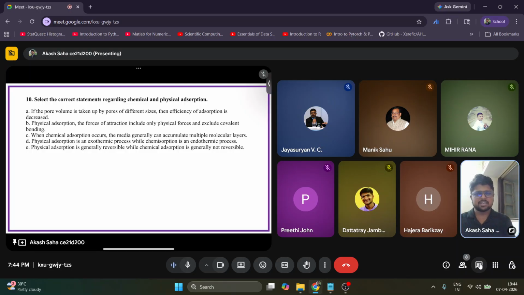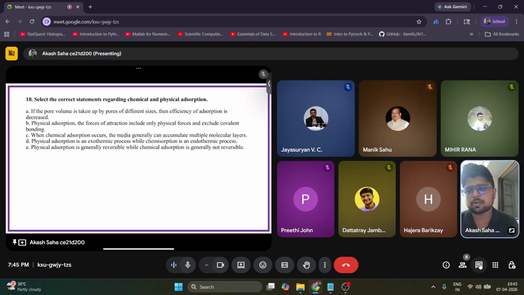Then option B is definitely correct, because it includes only physical forces for physical adsorption and covalent for the others. If chemical adsorption is taken, then a particular bond will be formed, and if that bond is formed, then the space is already used up. So there will be a monolayer already formed, and there cannot be any further layers formed on the material. So option C is incorrect.